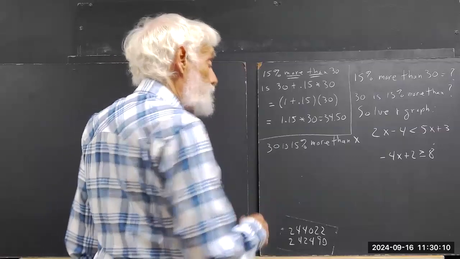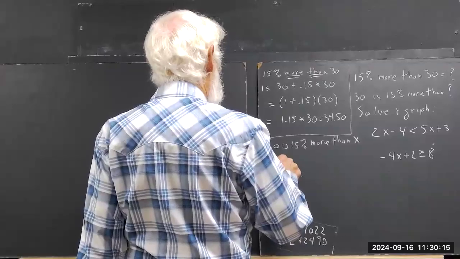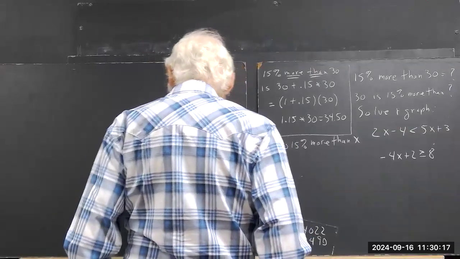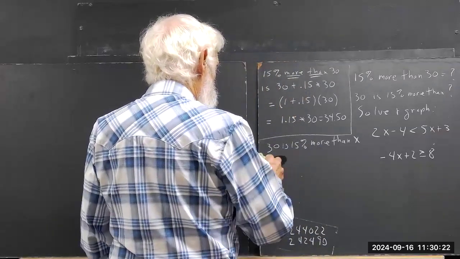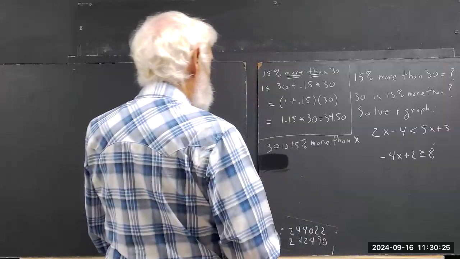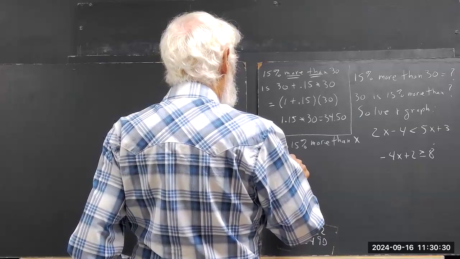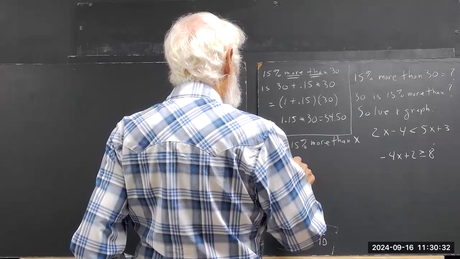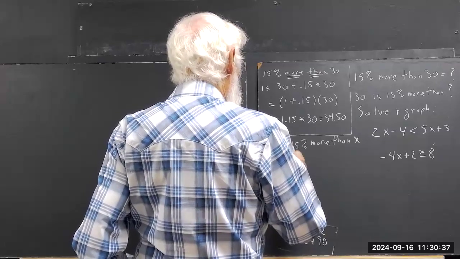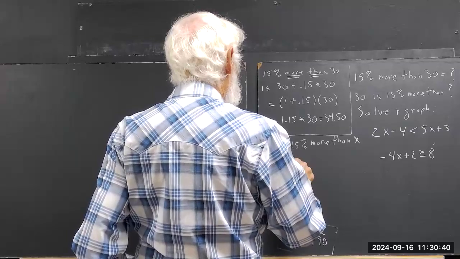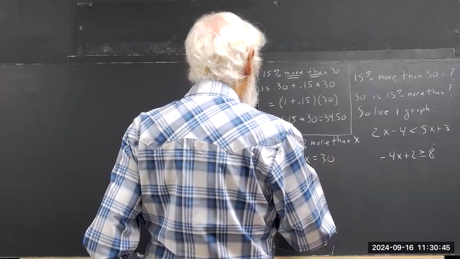What does this say? This has X plus 0.15 times X equals 30.